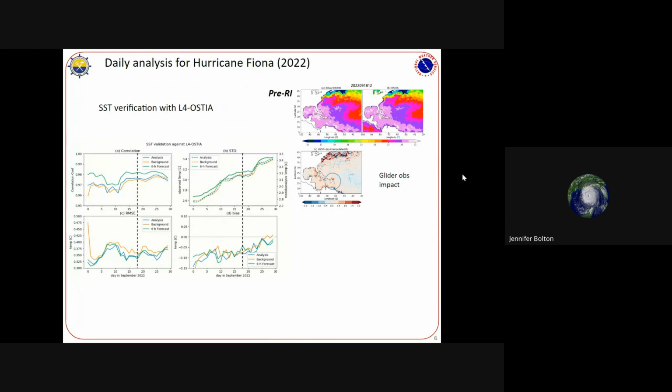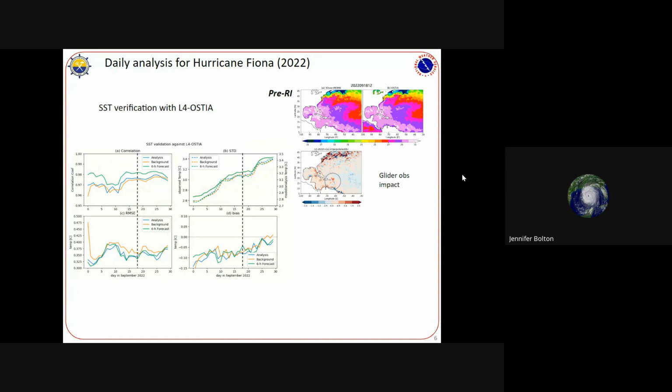Okay, so we've been running the Marine JEDI for 2020 and 2022. This is one example from the daily analysis for Hurricane Fiona. And then we also compare this with independent L4 OSTIA SST observations, and the left four panels show correlation, standard deviation, RMSD, and bias of the model daily analysis against the OSTIA observations.